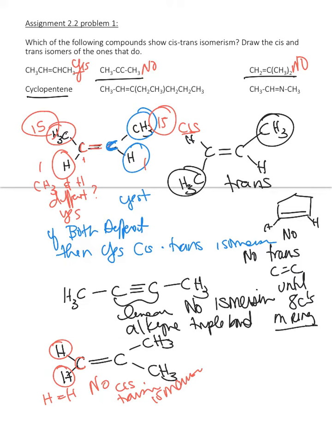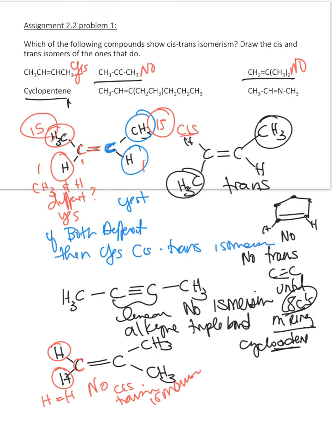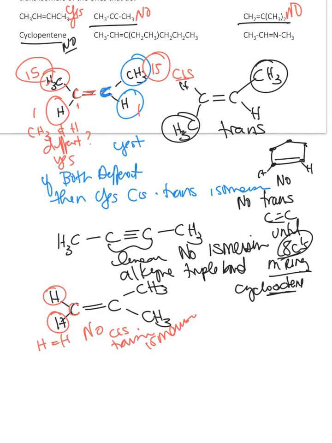This only has 5 carbons in a ring. Your ring has to get up to 8 carbons, so it has to be cyclooctene, in order to have a trans carbon-carbon double bond. So I would say no. Theoretically yes, but the answer is no here.